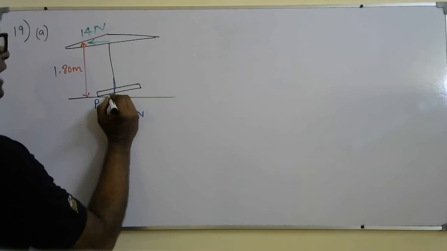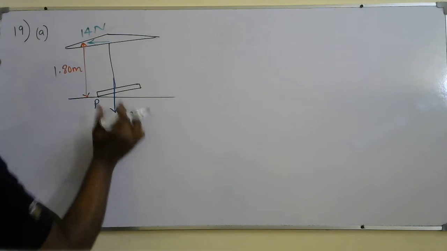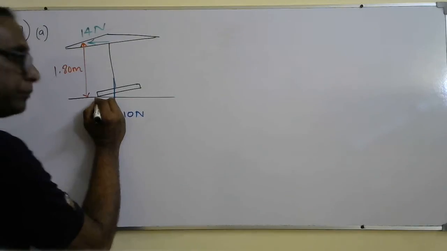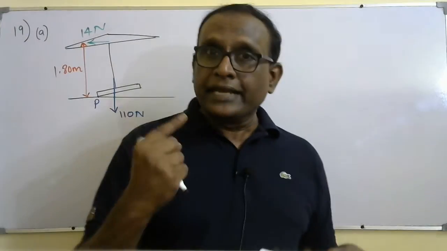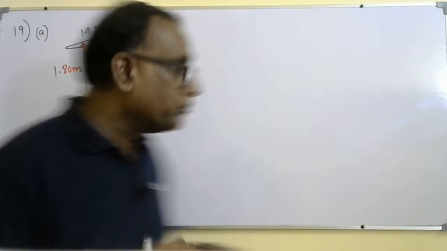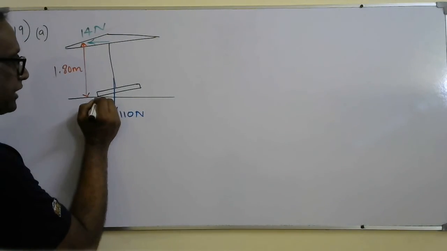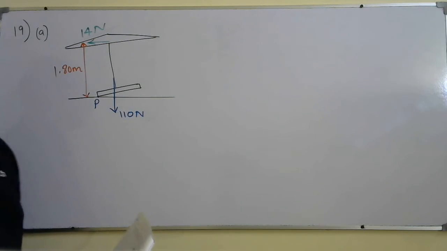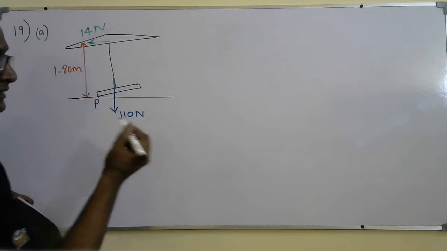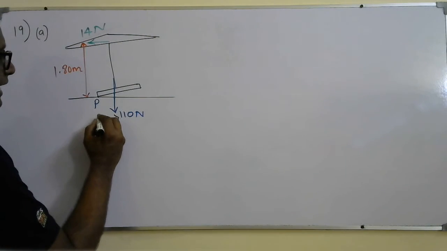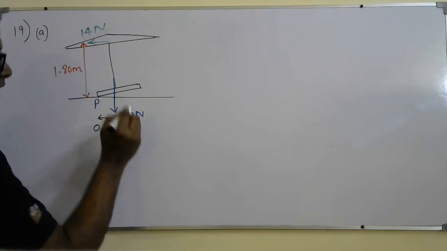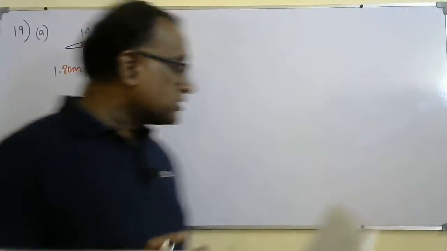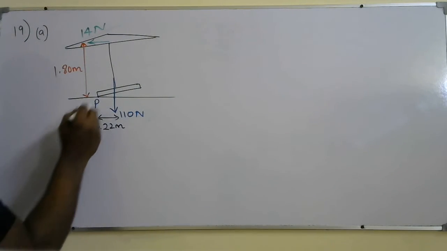Because it is a small angle, the perpendicular distance from point P to the weight, I can still take as half of 0.44 meter. My diagram is a little exaggerated, it doesn't matter. So this distance I can take as 0.22 meter. Okay, so we'll find the clockwise moment about P.